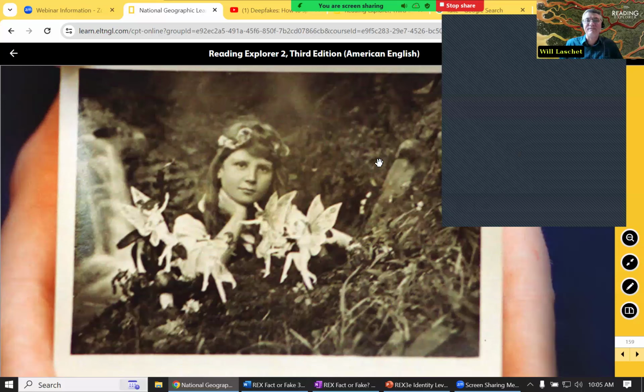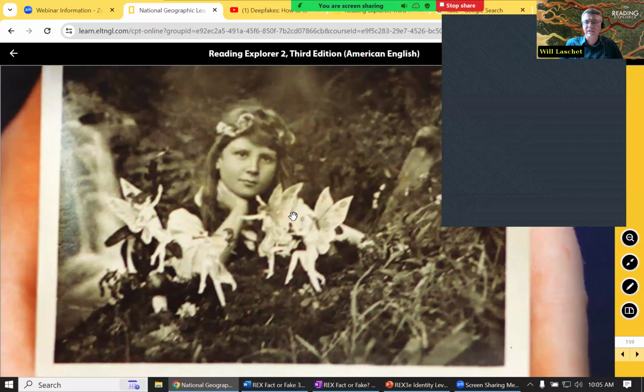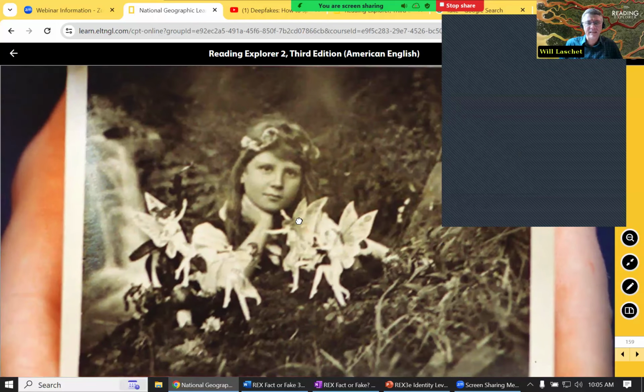Why do you think it might be fake? Too sharp for old photos? Okay, Ray says, because fairies are not real. Right. So you believe that fairies are not real. When this photo was produced, when it was taken, do you think people believed it back then?